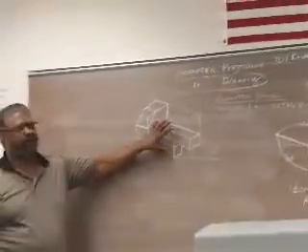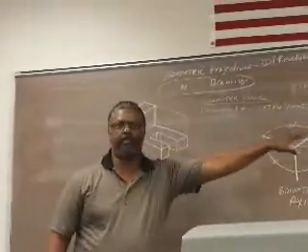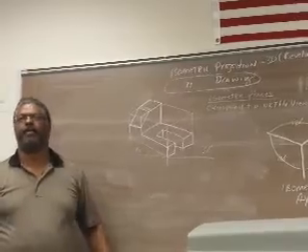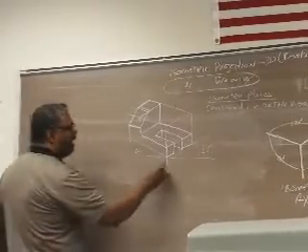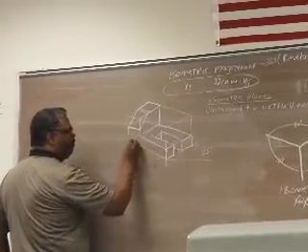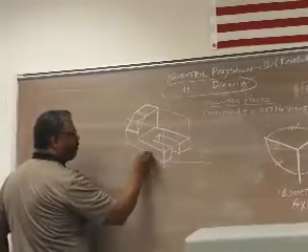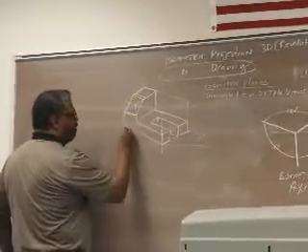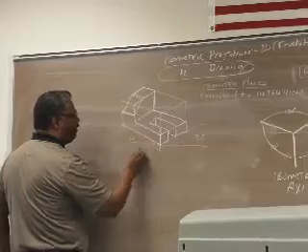So whatever the true length and size of my ortho is, that's what it's going to be in my isometric. Any lines that fall on the isometric plane like this, that's a true length line.